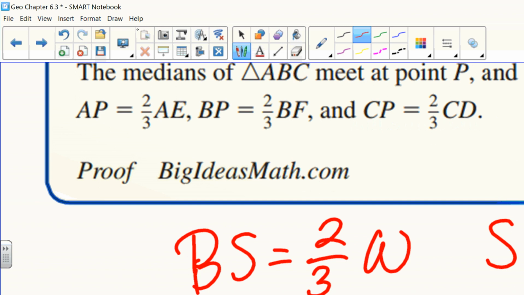So what we could also say is that the bigger section is equal to twice the smaller section. Or vice versa, that the smaller section is what? Because if the bigger is twice the smaller, the smaller is half of the bigger.